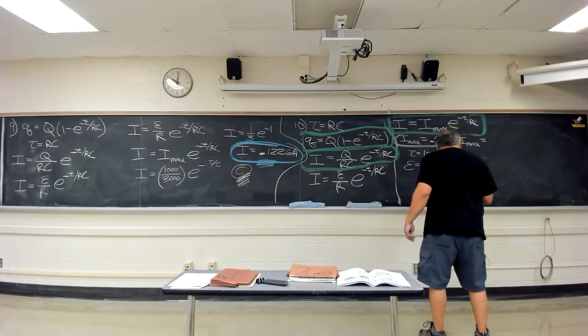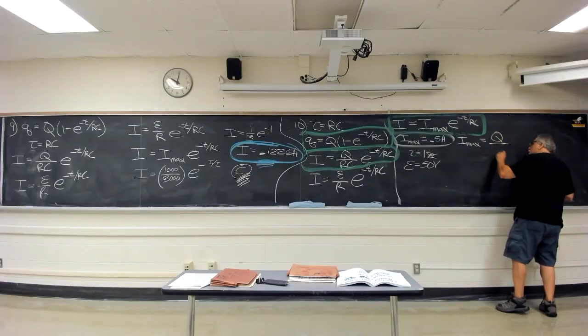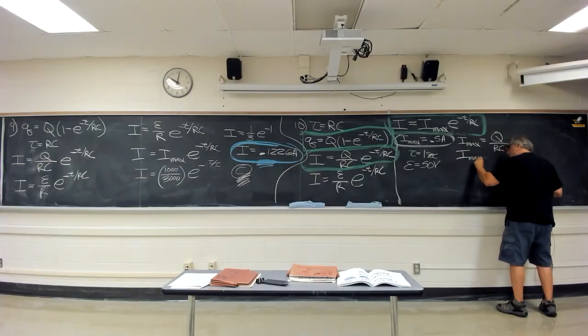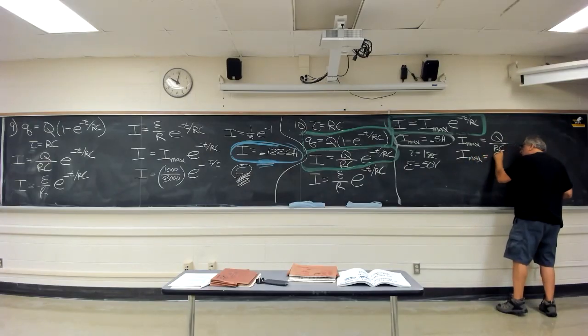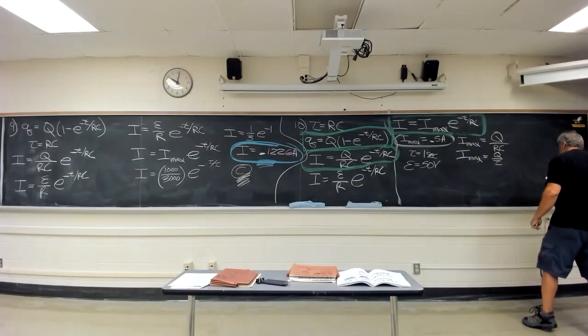Well, RC, that's interesting. I max is Q max over RC. RC is tau, and they gave us that.